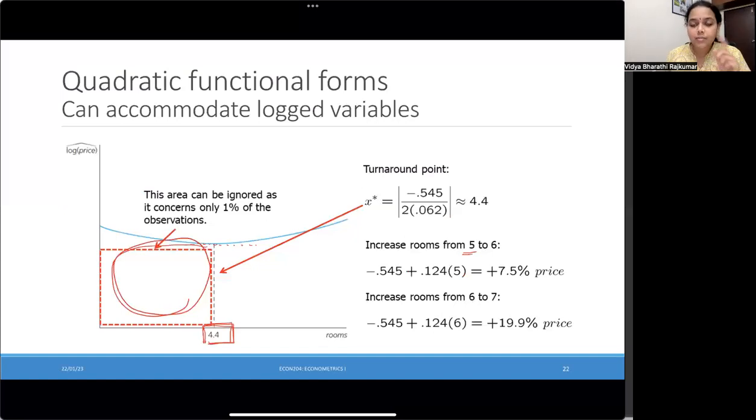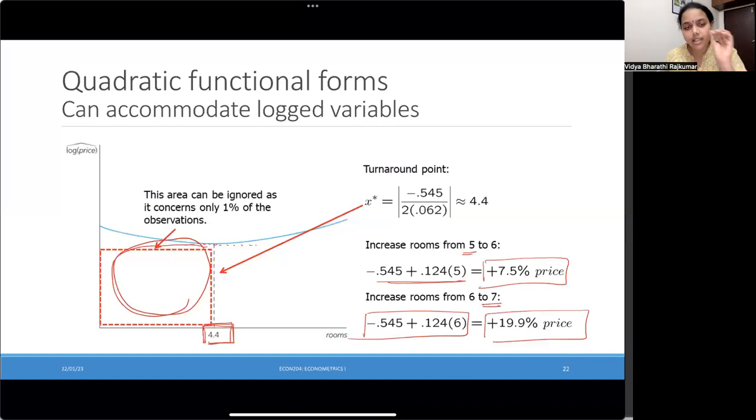In that case, the change in prices is given by this formula, and that's about a 7.5% increase in price. Suppose you have 6 rooms already and you want to move to a 7th room, you calculate this expression, and that's a whopping 19.9% increase in price. So you see how beyond a threshold, there's a convex relationship. It starts increasing at an increasing rate.